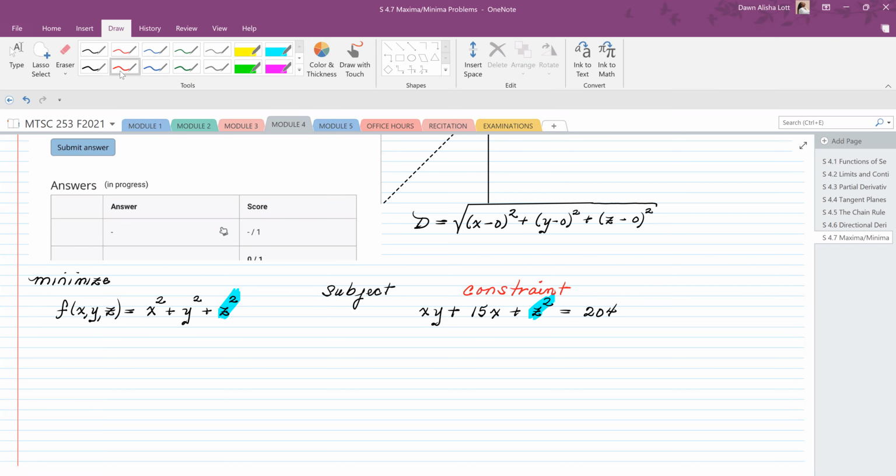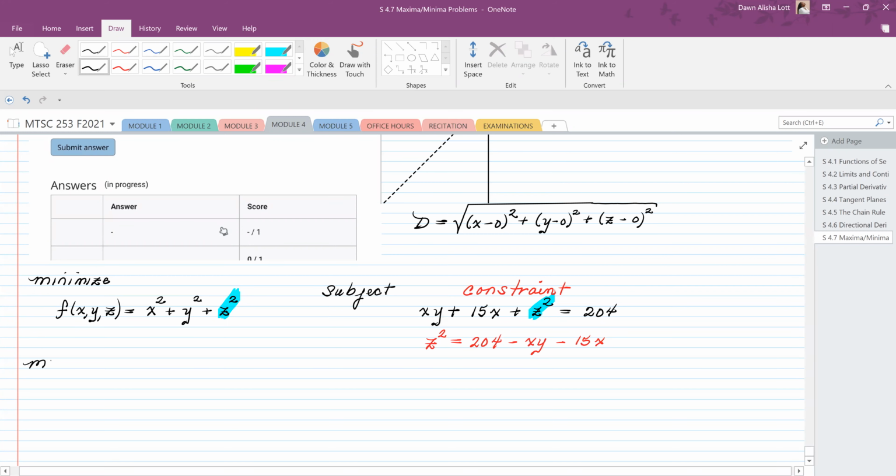So when we solve for Z, you get Z squared is 204 minus XY minus 15X. So now I'm going to put that into my function.